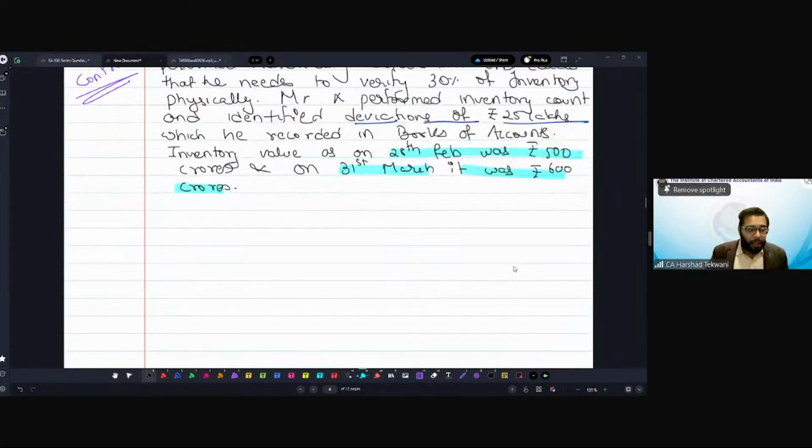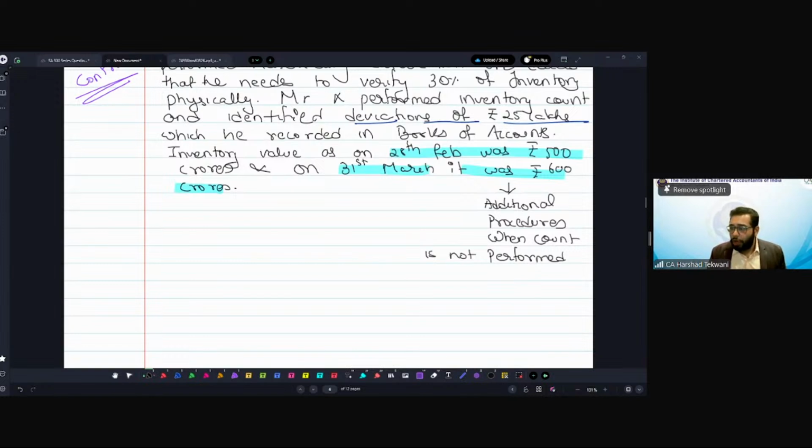This is something, additional procedures, when the count is not performed on the balance sheet date or on the date of financial statement.